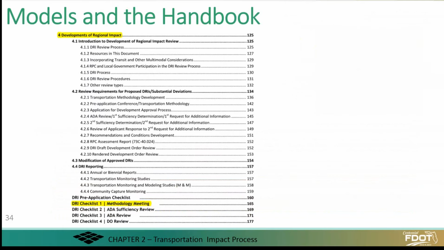The use of travel demand models are also covered in Chapter 4 for DRIs, and in particular under the discussion of the methodology meeting, establishing a methodology for DRI review, and what is and is not appropriate for that specific project or application.